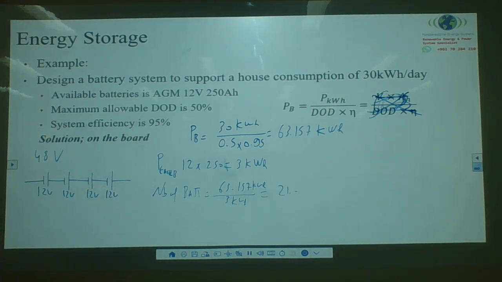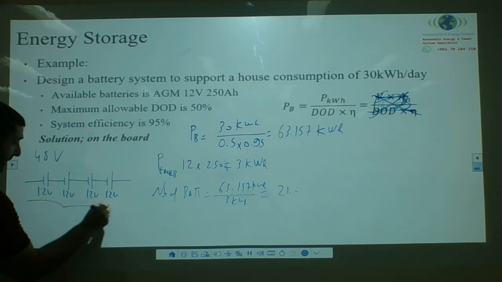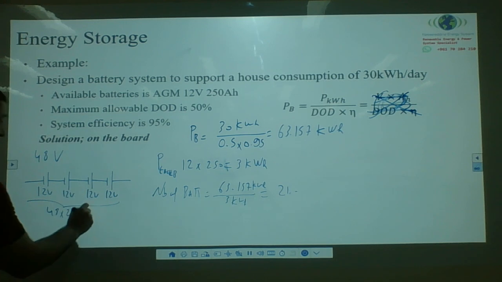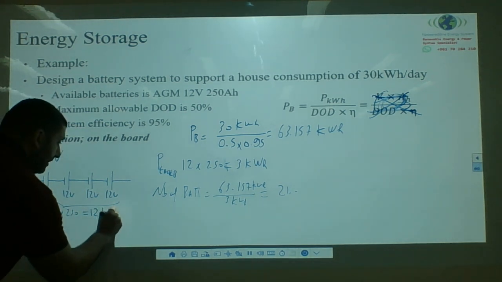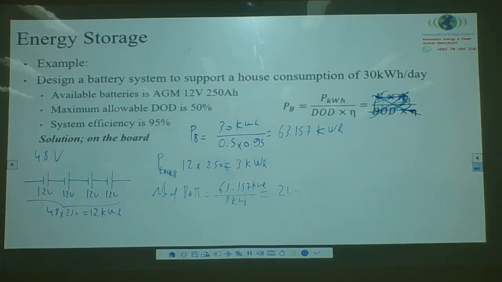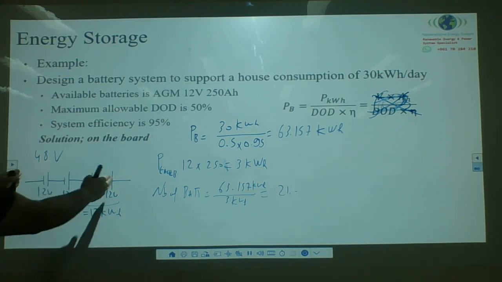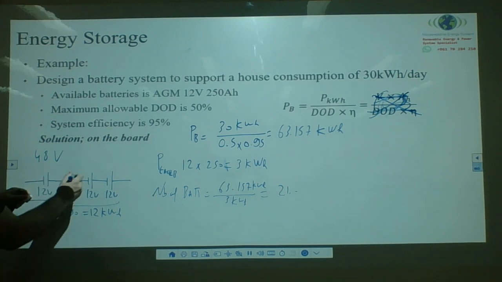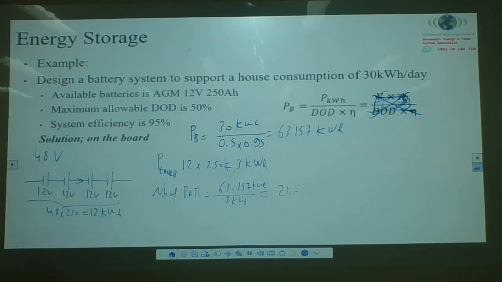This will give me a total capacity of 48 times 250, which gives me 12 kilowatt hours. So every 4 connected in series will give me 48 volt. I multiply it by 250 amps going through it, and that will give me 12 kilowatt hours.